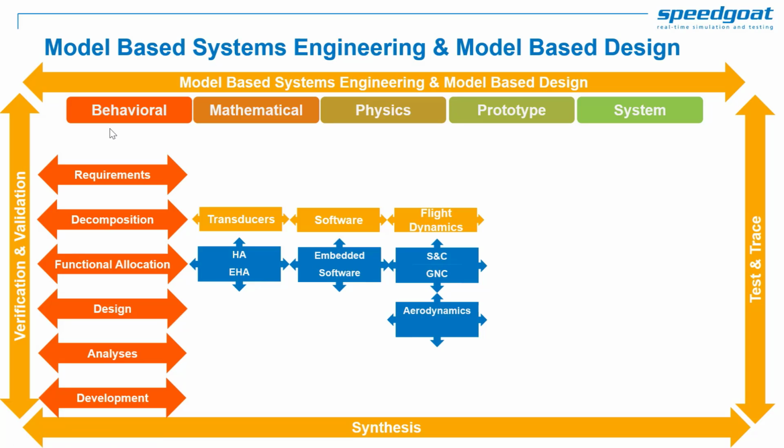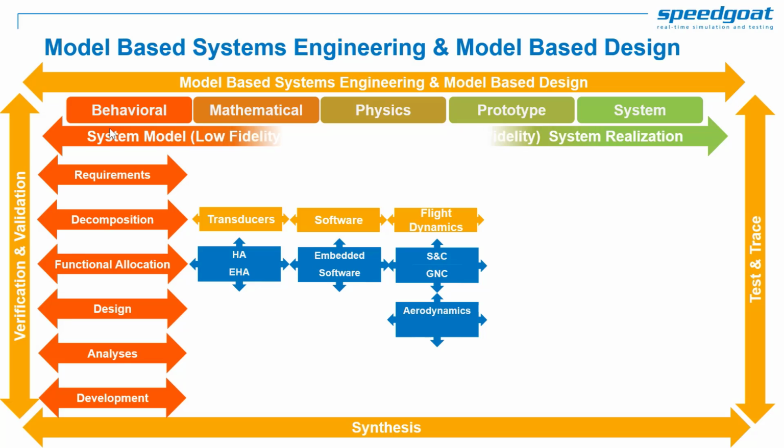By modeling in the early phases of the design, we're talking about behavioral models, kind of like black boxes, on-off, things that don't necessarily describe the math or physics of the system.